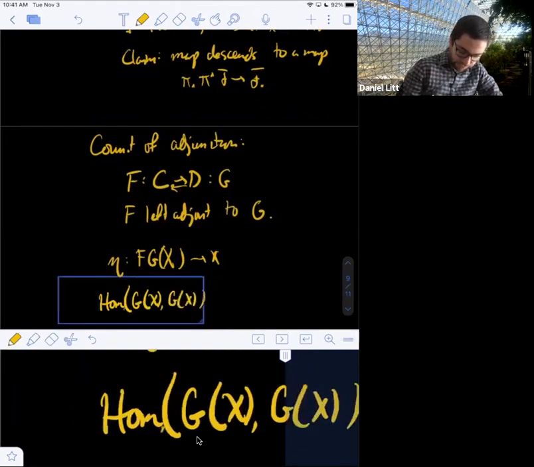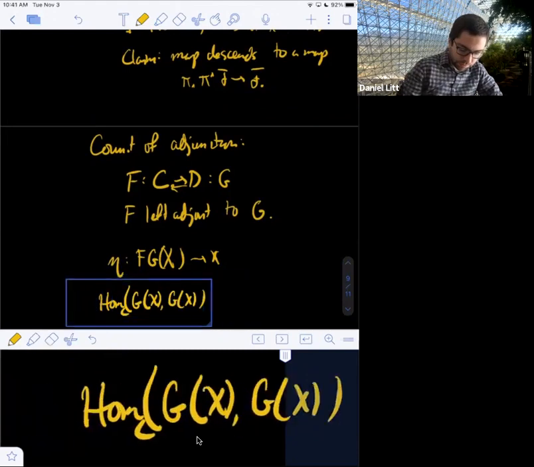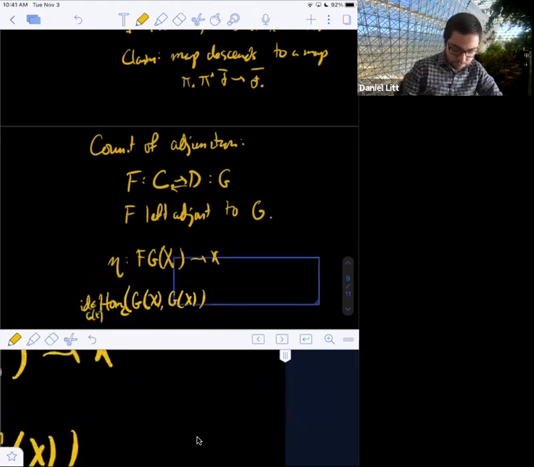This is in C. There's the identity element in here, id of GX.